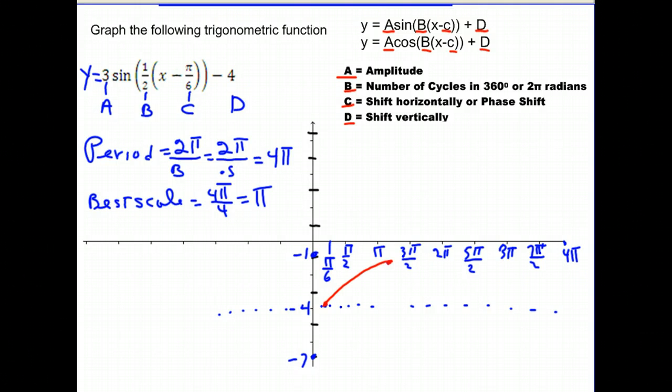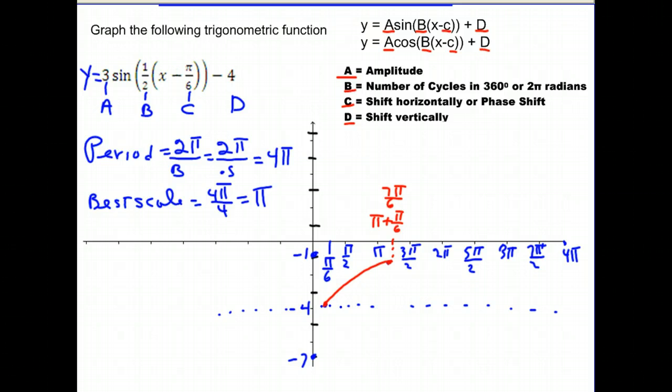So it's going to be somewhere over here. And this distance here will simply be pi units over plus pi over 6. If you do your calculations, pi is the same as 6 pi over 6, so this becomes 7 pi over 6.